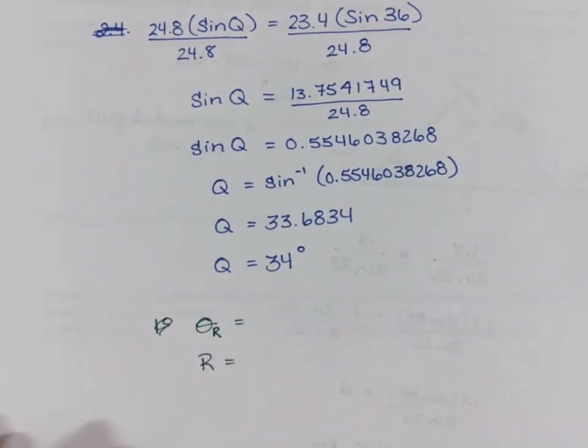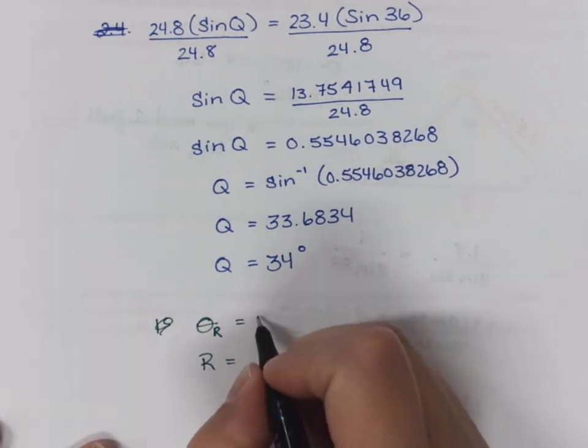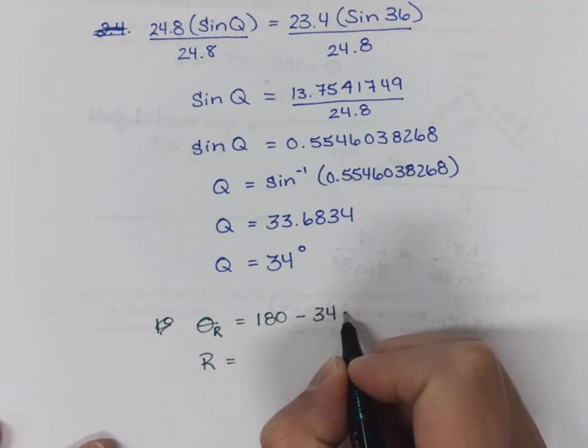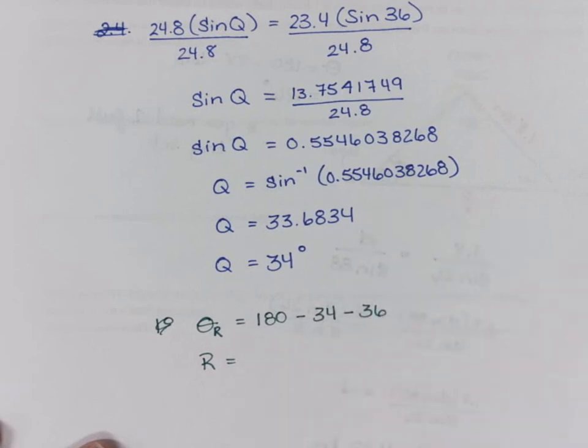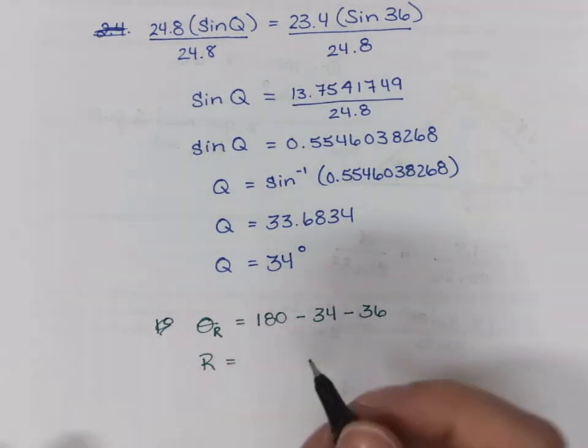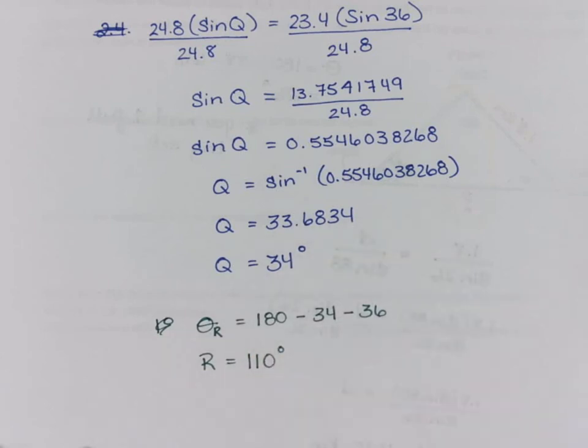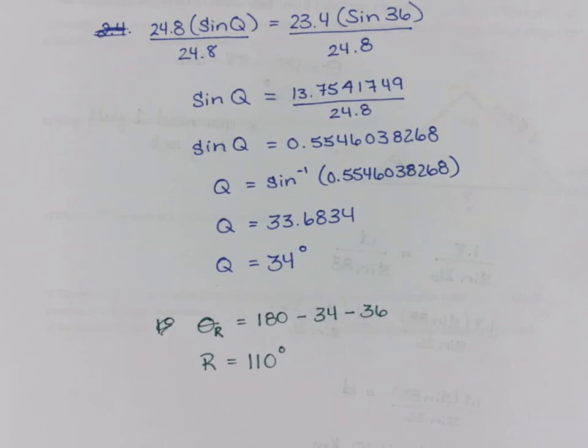I just got all fancy and went with a theta. 180 minus the 34 we just found, minus the 36 that we got in the question. That's 110 degrees. And what does that mean about side R? It's going to be the longest side, right?